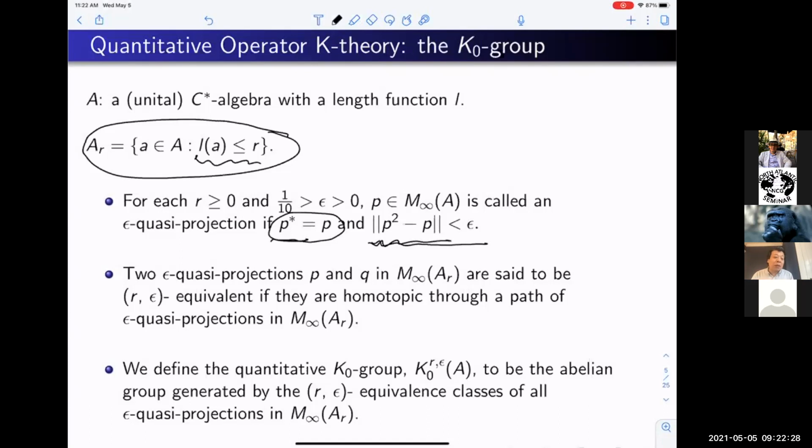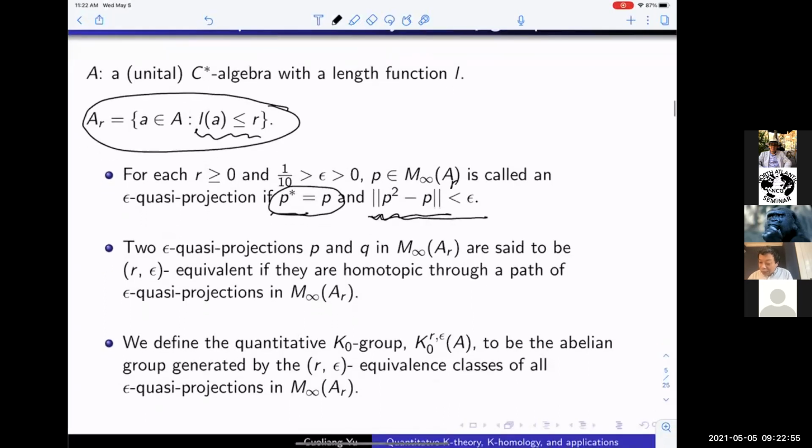It's almost a projection, but we all know when you have an almost projection, you can construct a projection using functional calculus. So it's not much of a restriction. The only thing is that I want the elements to have length at most R, so it's controlled in some scale.